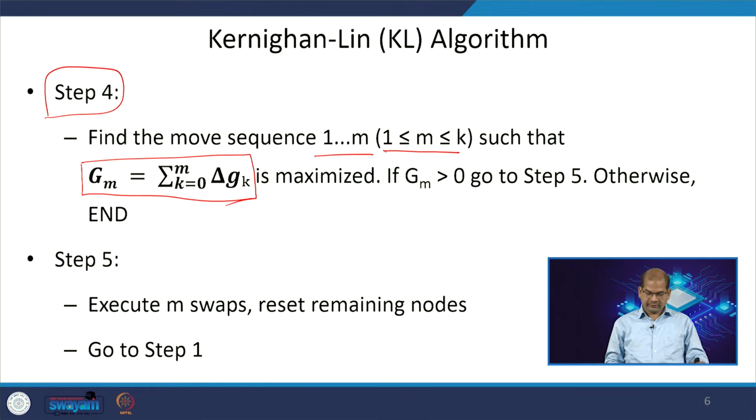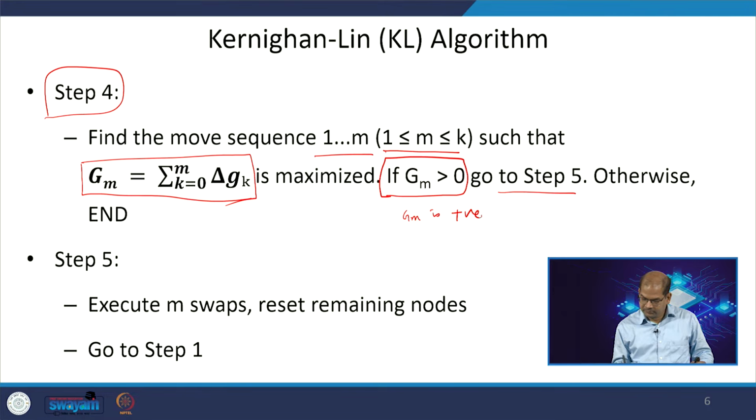So, g of m is the summation from k equals 0 to m of delta g of k. If g of m is greater than 0, then you go to step 5. Greater than 0 means g of m is positive. If g of m is positive, then the process will continue.